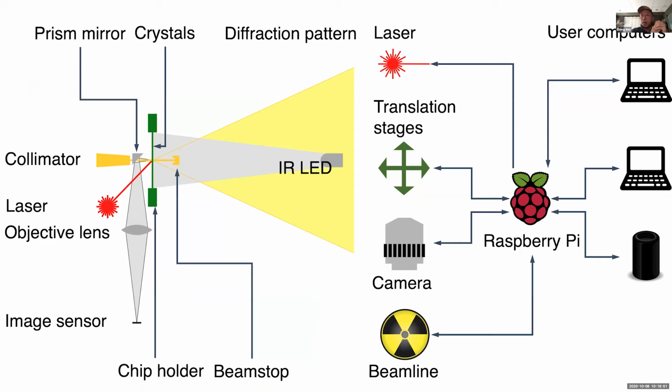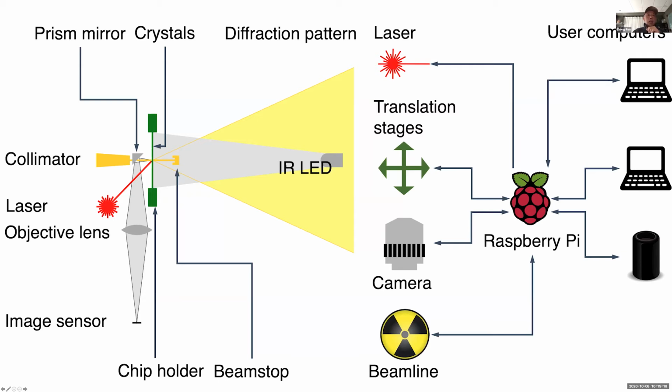So the question is the automation, whether we can fully automate this operation. Okay, this is the current design of the platform. In green, we represent the device, and the crystals will be scattered on the surface.